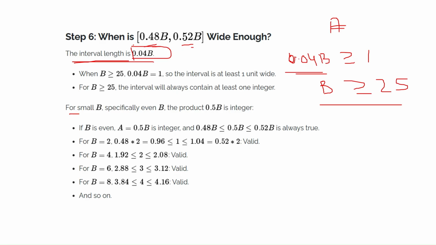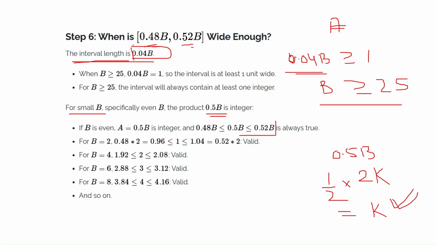Now, what about smaller values? If b is even, we see that 0.5b would also be an integer. So let's say b is some integer equal to 2k, then 0.5b would be the integer k, which also satisfies our condition because 0.5b is within the range 0.48b to 0.52b.